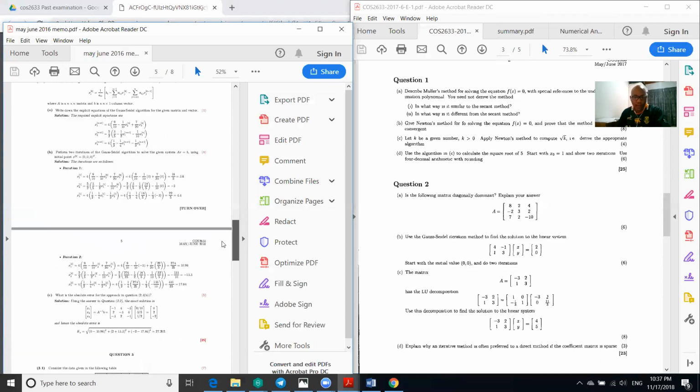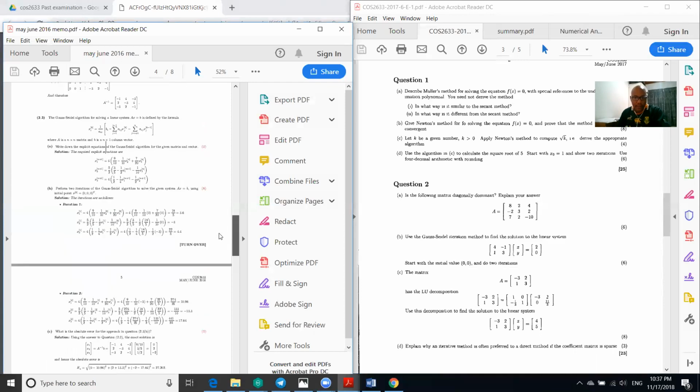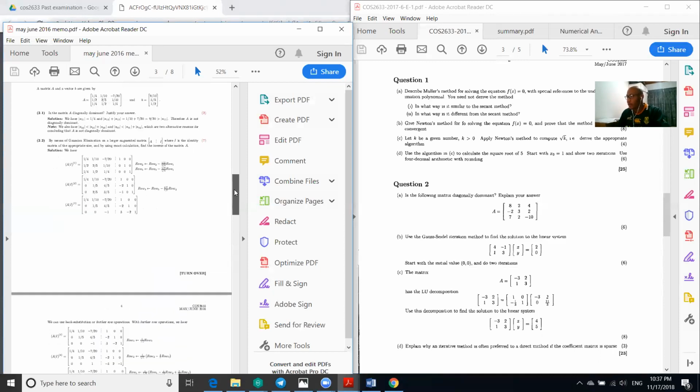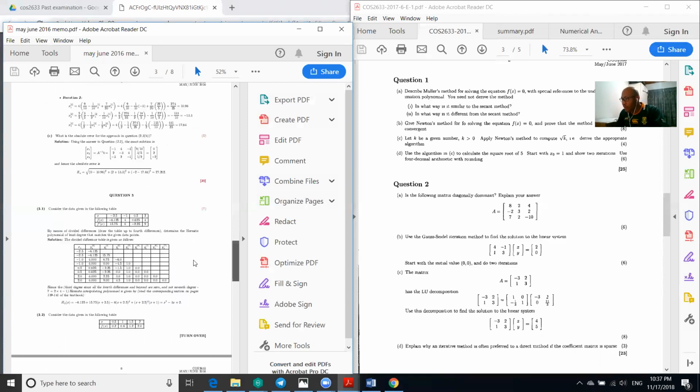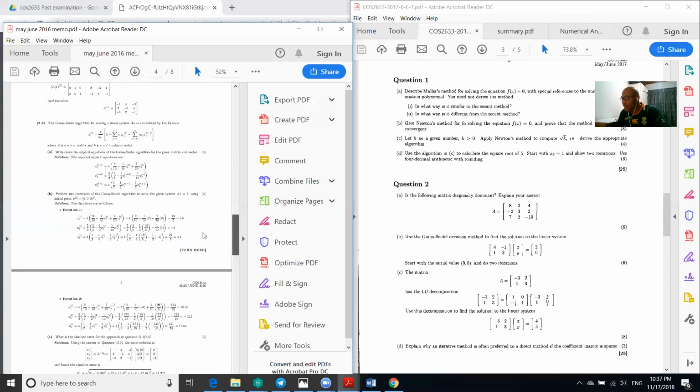Yes. The 1 over 10 is A12. Oh, is it 9 out of 10? It's 1 over 10, right? 9 over 10 is actually the answer, which is your 2 by 1 matrix. The answer of, look at the main matrix.